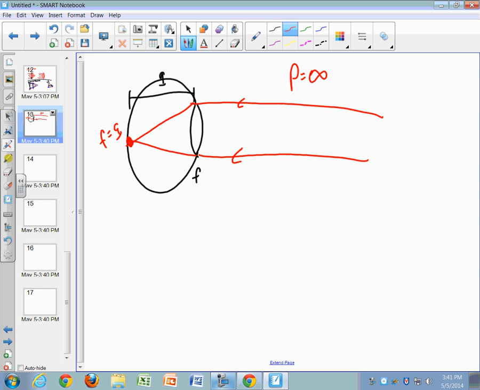But if I'm looking at something that's nearby, say I'm looking at something right here, then my focal length is going to get shorter. And you can see that by drawing the ray diagram: parallel to the axis, through the focal point. And so there, my focal length is less than the image distance.